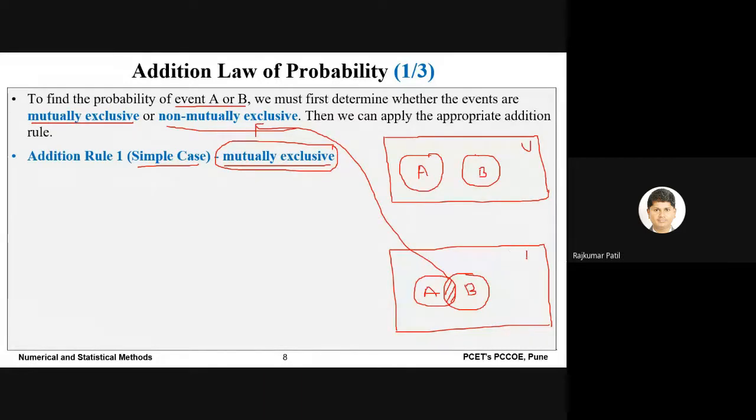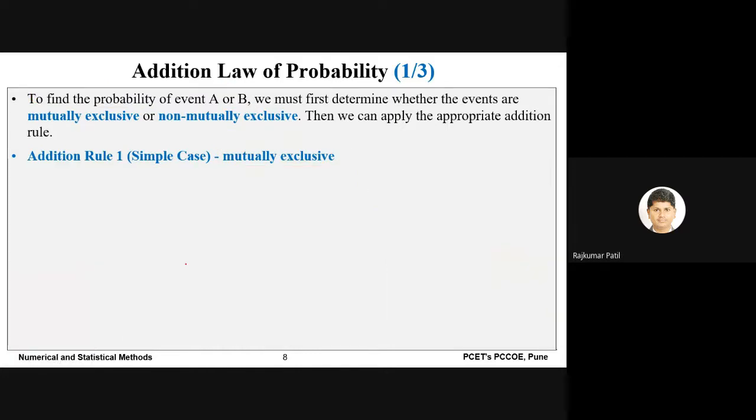And we need to decide whether to include or exclude that common part while calculating the probability of event A or B.